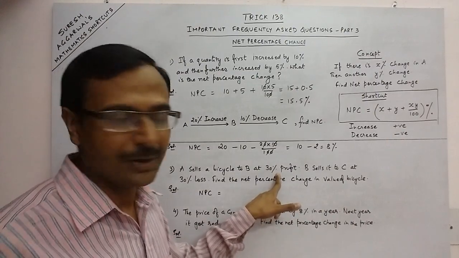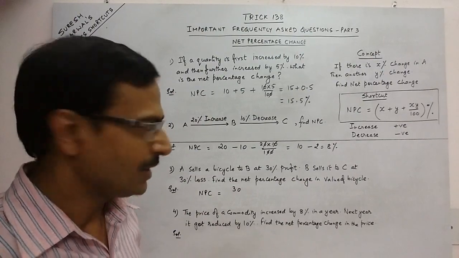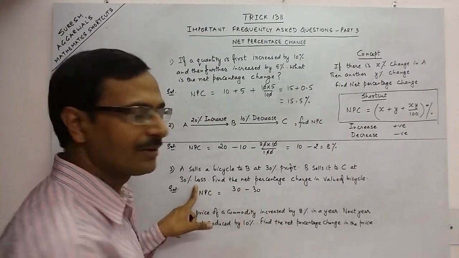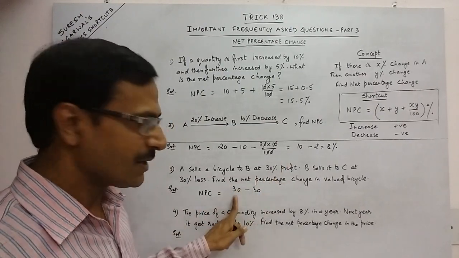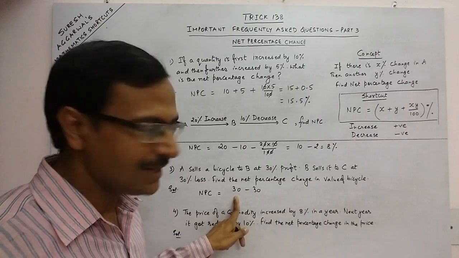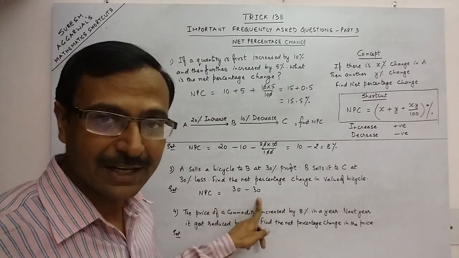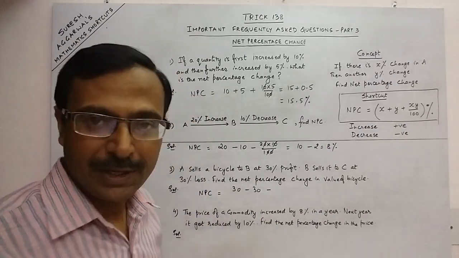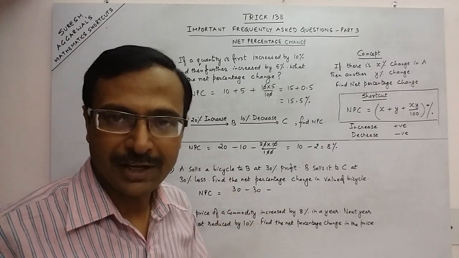Now, 30% profit means x is 30, positive, and 30% loss, so y is also 30 but it is negative because there is loss, and the net change will be negative. Why? Because x is positive, y is negative, so the product will be negative.